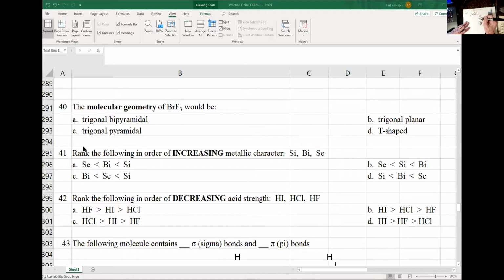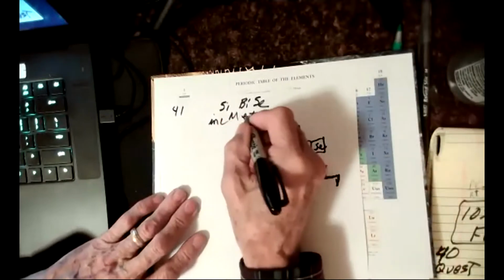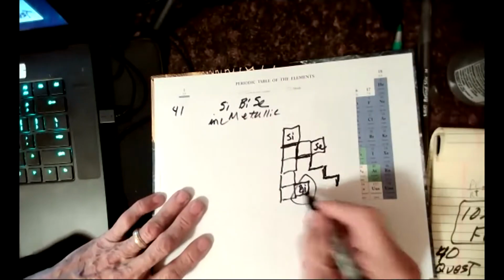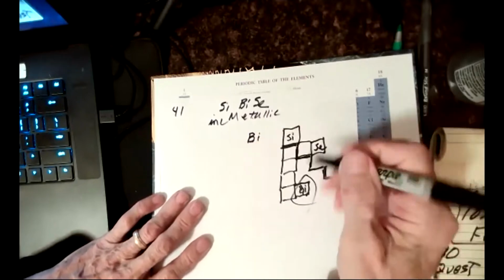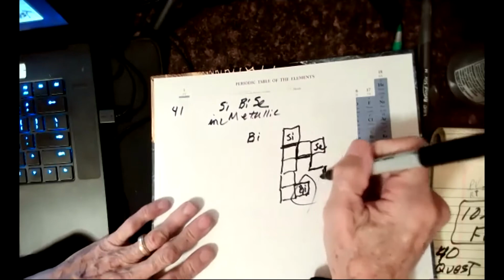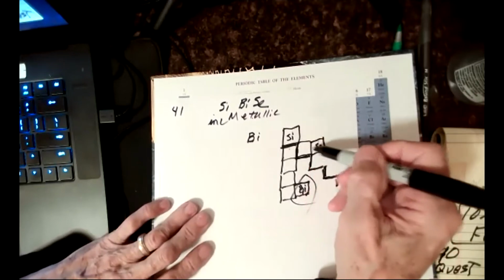So the most metallic element should be the one on the right. So now I can answer it. The most metallic element, it's increasing metallic character. The most metallic element is bismuth. Now, so that one's going to be more metallic. Now, what about these two and these?